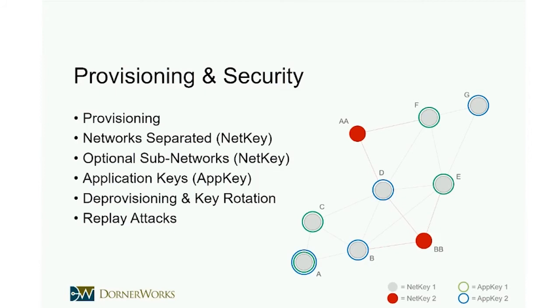Now, there are also built-in preventions for replay attacks. A replay attack is when somebody is listening to the raw Bluetooth traffic, receives a message, and, even though they didn't look at the message, retransmits it and tries to turn off your lights or something like that.